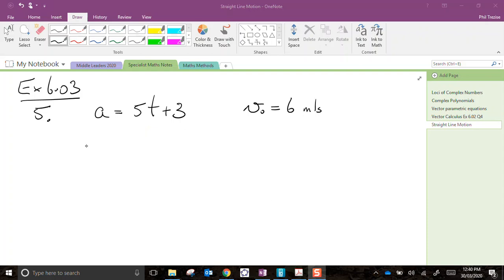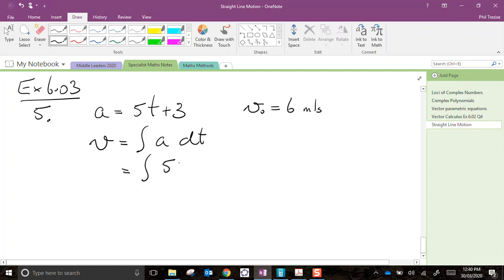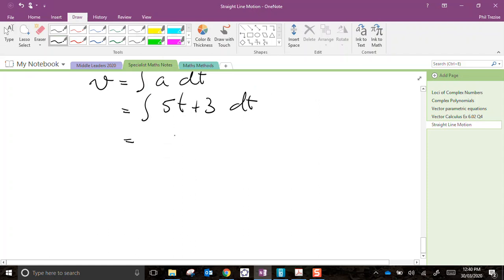So as I just suggested, we will have to write that v equals the integral of a dt. 5t plus 3 is the function. So our integral will be 5t squared over 2 plus 3t plus a constant of integration.